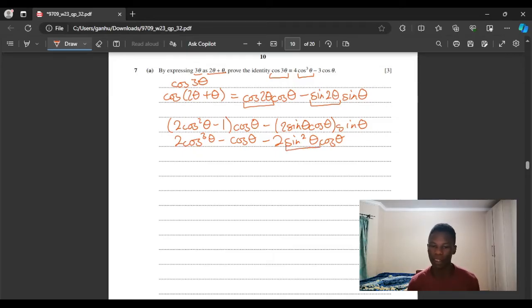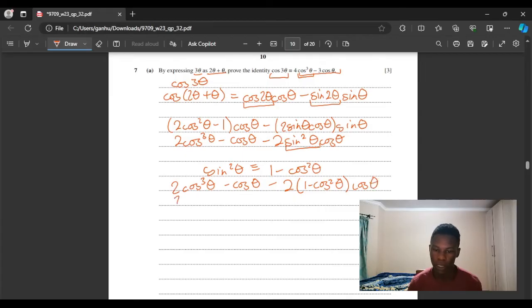For sine squared theta, we're going to use an identity from AS level, which is that sine squared theta is identical to 1 minus cos squared theta. Remember, we're trying to get an expression that's in terms of cos theta only, so we need to replace the sine with cos. So this would become 2 cos cubed theta minus cos theta minus 2, then we replace our sine squared theta with (1 minus cos squared theta) multiplied by cos theta.